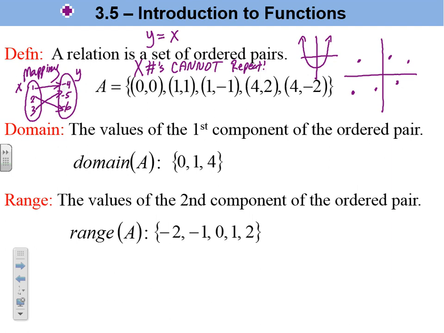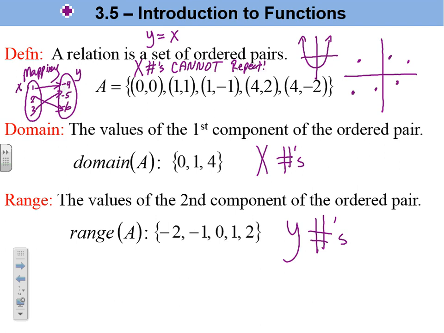Generally speaking, more commonly, the way we would think of it is we're going to just say the domain are all of the x numbers. And consequently, the range would be all of the y numbers. That's all we really need to know as far as the domain and range. Now, identifying them sometimes can be a little bit challenging, particularly when it's on a graph.